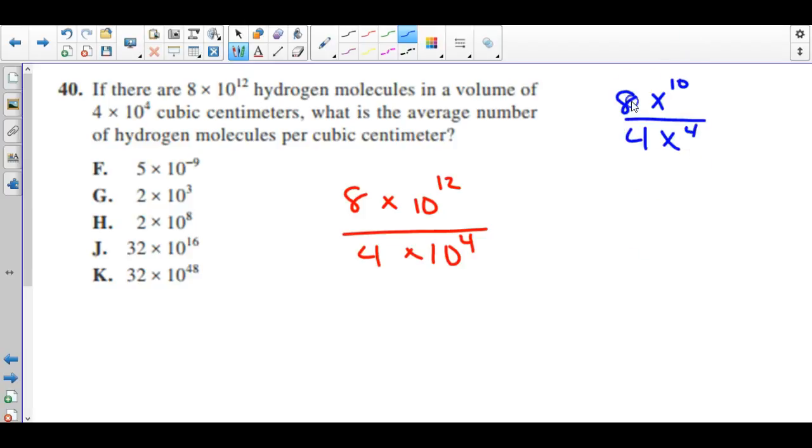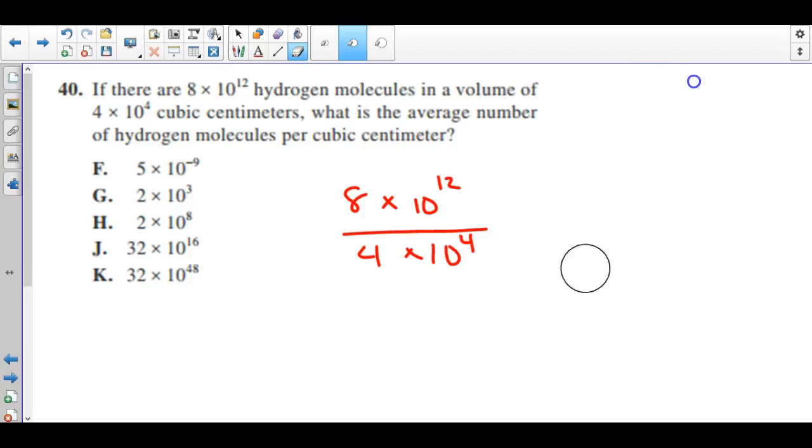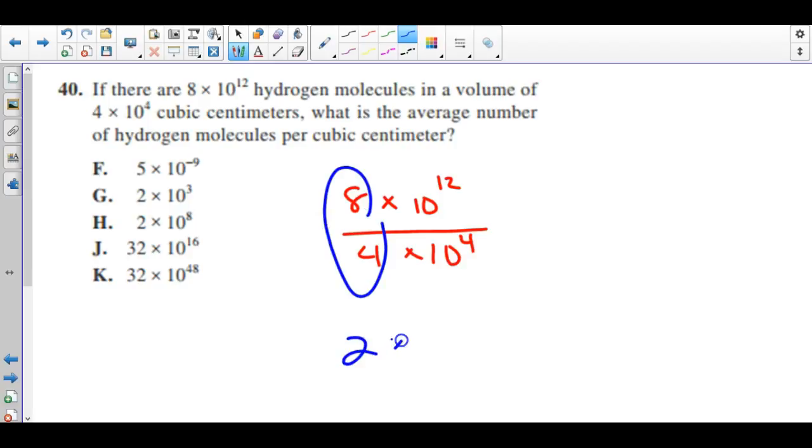It works the same way. What you would do is divide your whole numbers out, and you would subtract your exponents. So this is going to work the same exact way then. What I'm going to do is divide my whole numbers. So I'm going to get my 2 times 10 to the, and it's 12 minus 4, which is 8. So that's going to be option H.